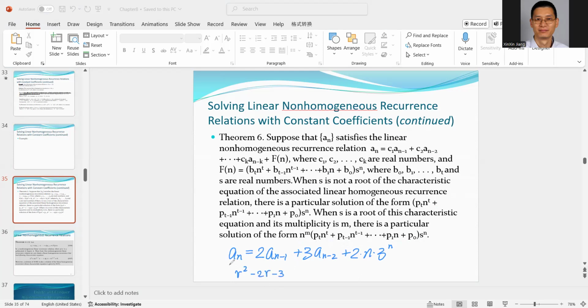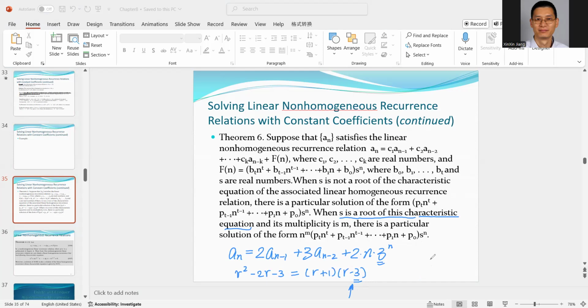If we factor it into two linear terms, this 3 is the same as this 3. So s is a root of this characteristic equation. The multiplicity is 1.